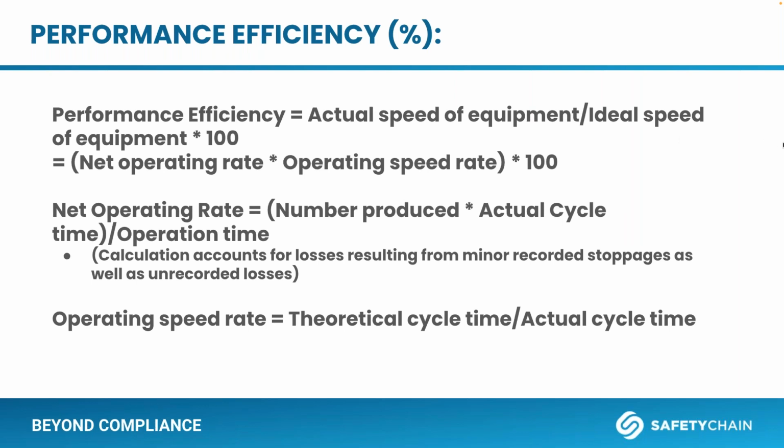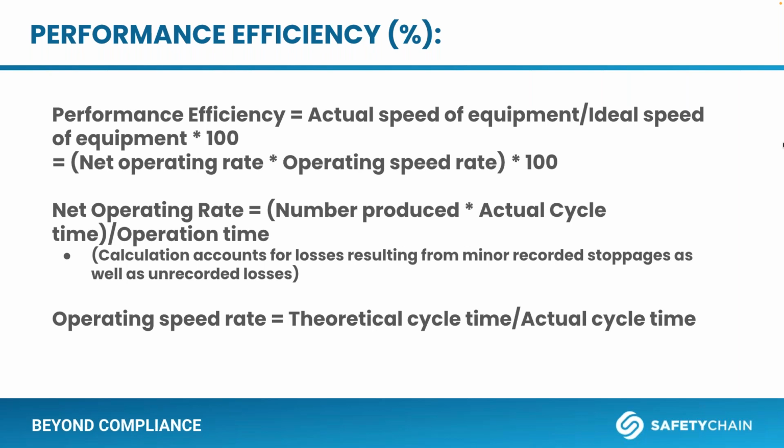Performance efficiency. So a definition is what's the actual speed of the equipment over the ideal or standard specified speed of the equipment. Another slightly different definition is the net operating rate times the operating speed rate times 100. So the net operating rate is equal to how many units we produce times the actual cycle time per unit divided by the operation time.